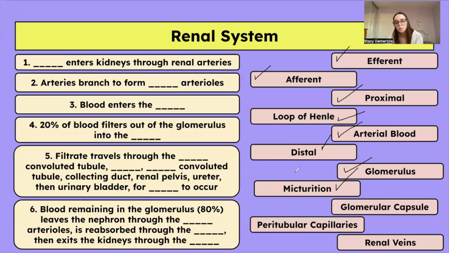But what about the 80% of blood that is going to be reabsorbed back in? Blood remaining in the glomerulus, about 80%, is going to leave the nephron through the efferent arteriole. So it's going to be exiting. And then, actually, I think I might have put the wrong thing for one of these.